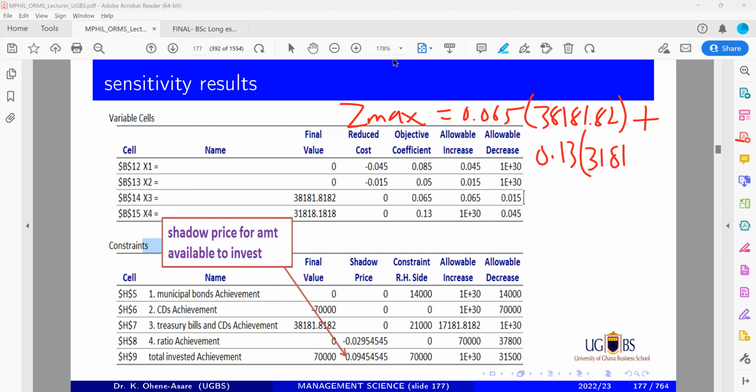And when you do the math, it comes to $6,618.18.